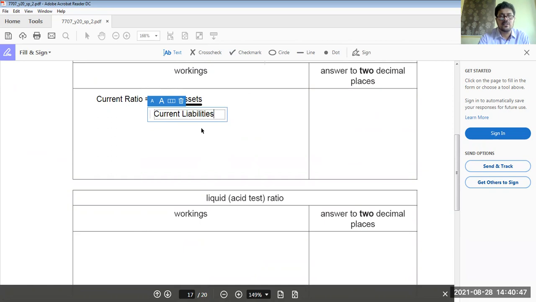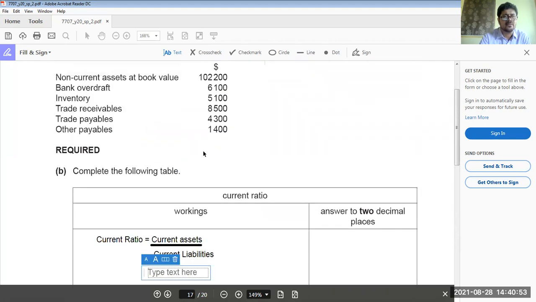So now what you have to do, you have to calculate the current assets over here. So current assets in this, if you take that total, the net current assets, non-current assets. No, we don't get non-current assets. What we need: inventory 5,100.